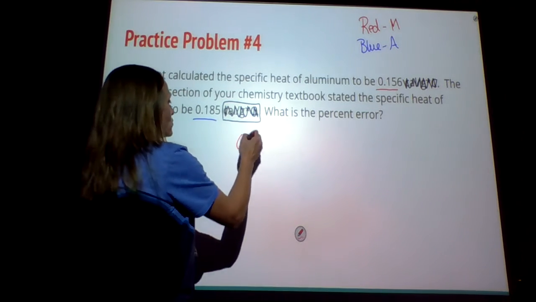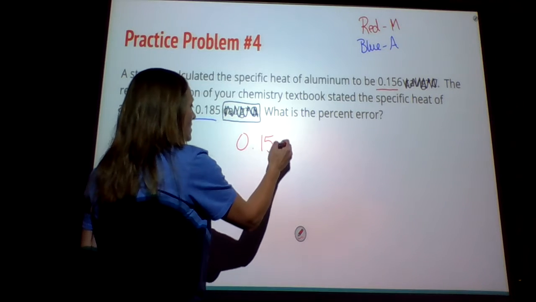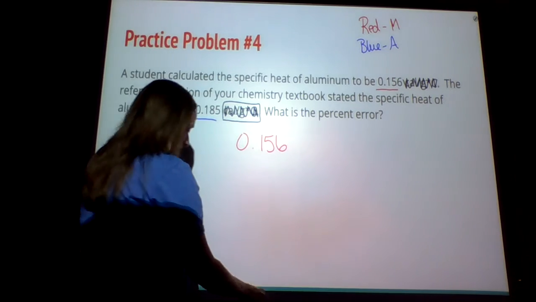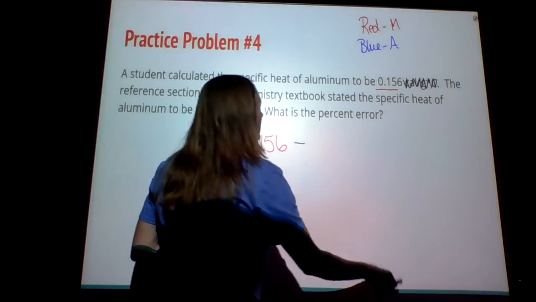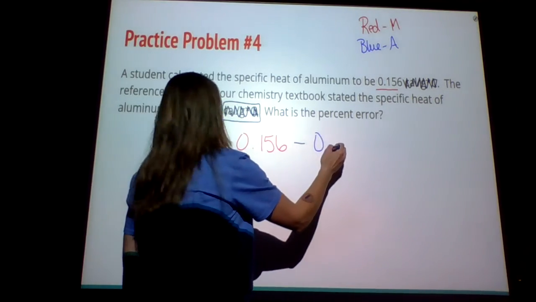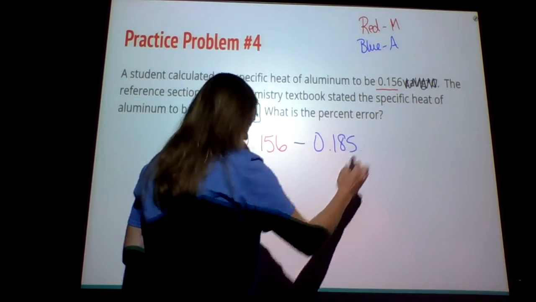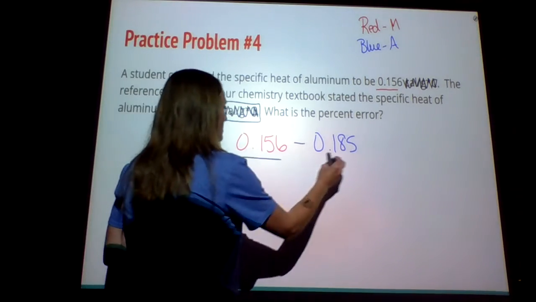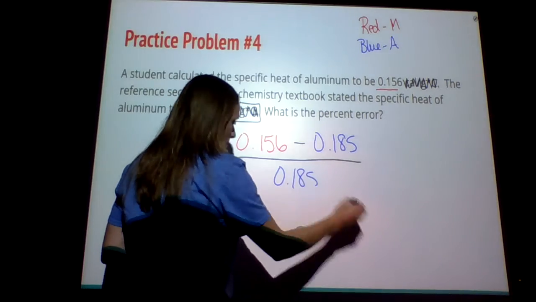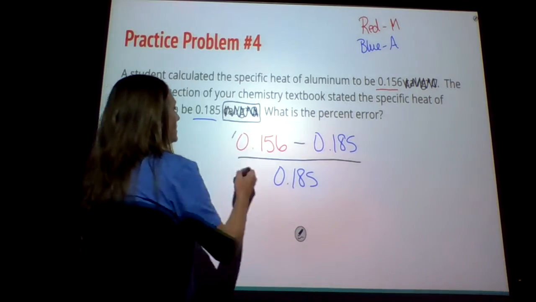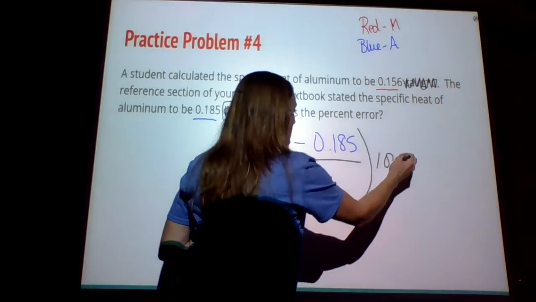So our measured value is 0.156 minus the accepted value, which is 0.185, divided by the accepted, times 100.